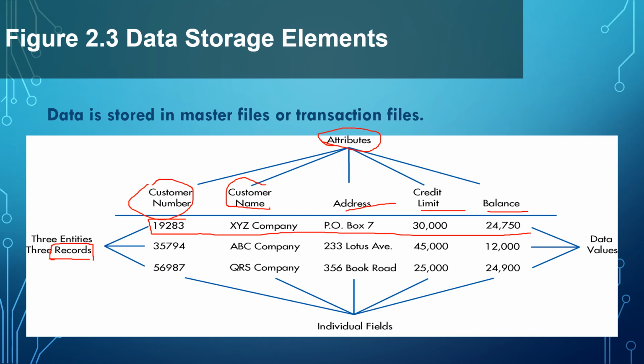Okay, so that is the data value. And then the accumulation of all of these records recorded in one file, we call it the individual file. Let's say the accounts receivable file or cash file, which can be in the subsidiary file or the master file.